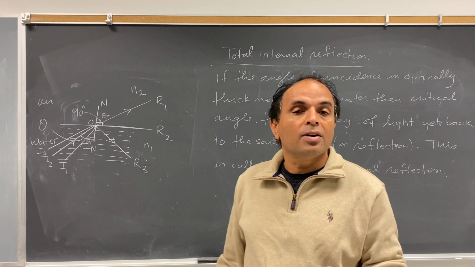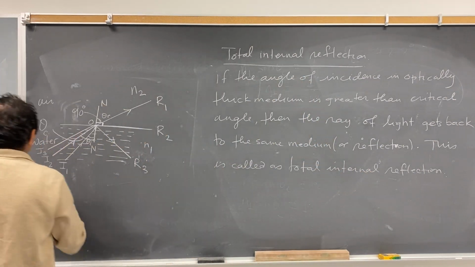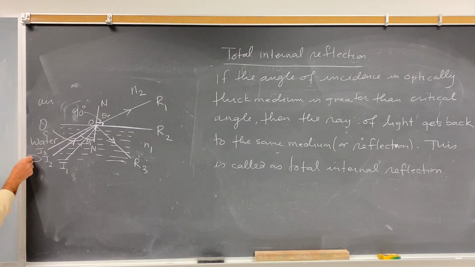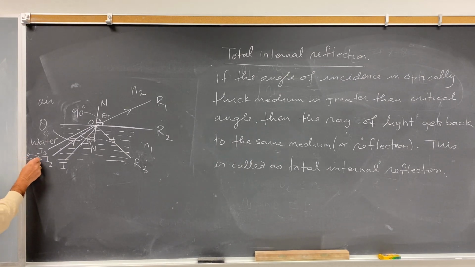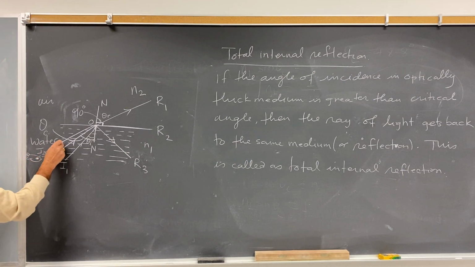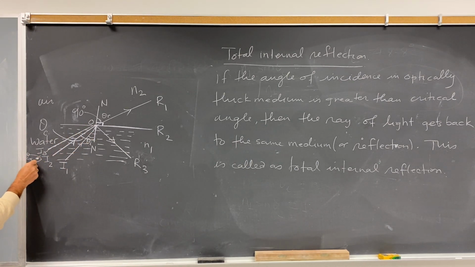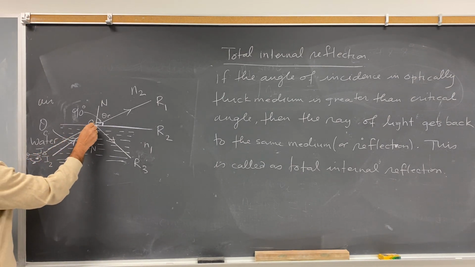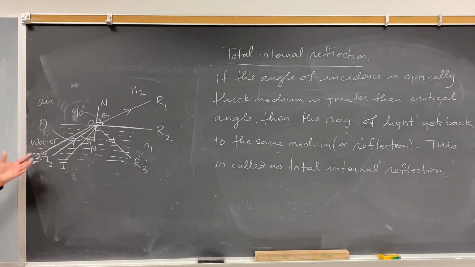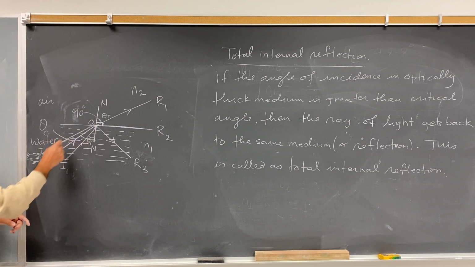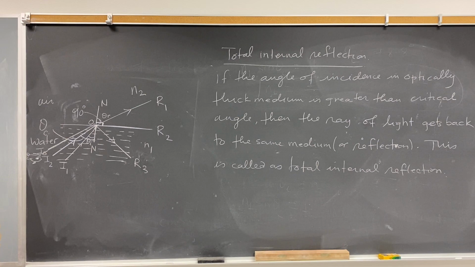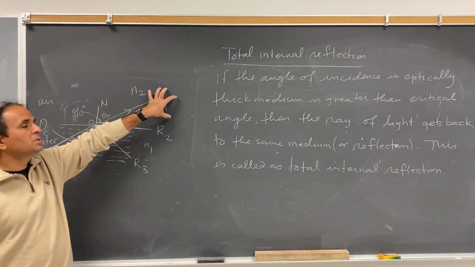So for water, let us suppose there is a fish right here. For example, this is a fish, and the fish looks in this direction. What does this fish see? The fish is looking from here, making an angle greater than the critical angle. What happens in that case? Do you think the fish can see the atmosphere here?